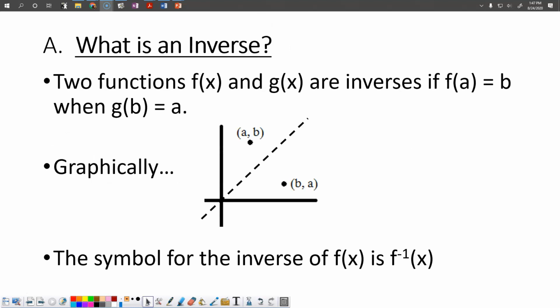So first of all, let's review what inverses are. Two functions f and g are inverses if f of a equals b when g of b equals a. Let me give you an example of two functions that are actually inverses of each other.